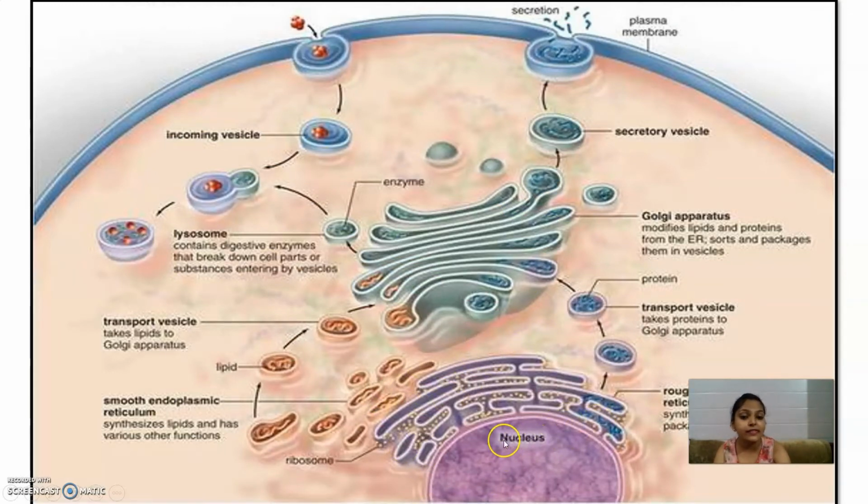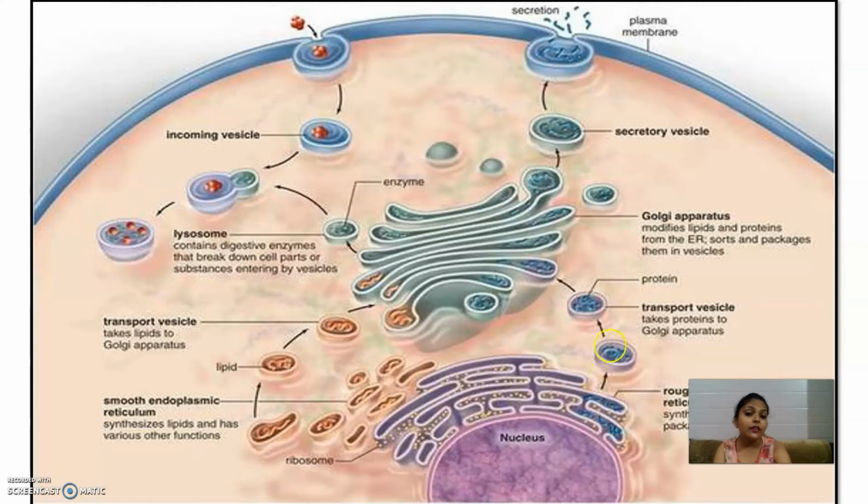In this diagram, you can see how this extracellular transport takes place. The nucleus has the DNA as its genome. Here the replication and transcription of this nucleic acid takes place, and the mRNA leaves the nucleus through the nucleoporins. This mRNA gets attached to the ribosomes which are present on the surface of the ER, and here the translation takes place.